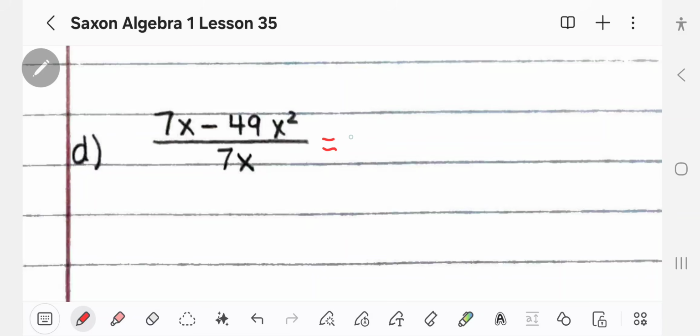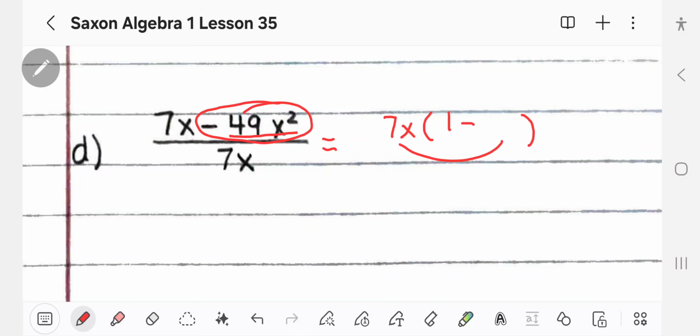What do these 2 terms have in common? I see that they both have a 7 and they both have an x. So that's my greatest common factor. So inside the parentheses, the other factor, what am I going to need to multiply 7x by to get 7x? Just going to need a 1 there, right? Now, what do I need to multiply 7x by to get this minus 49x squared?